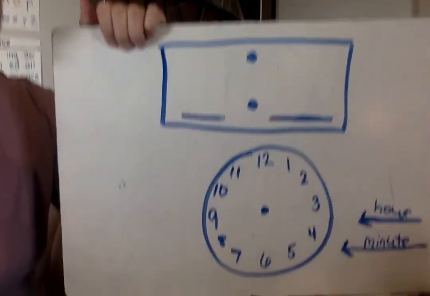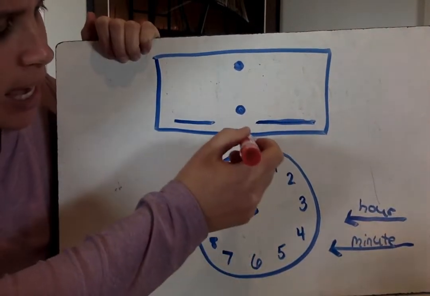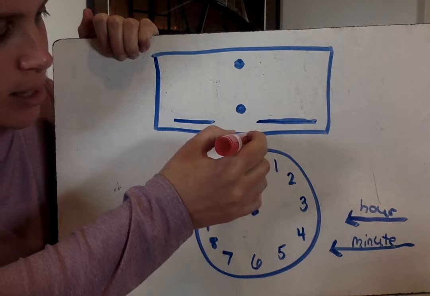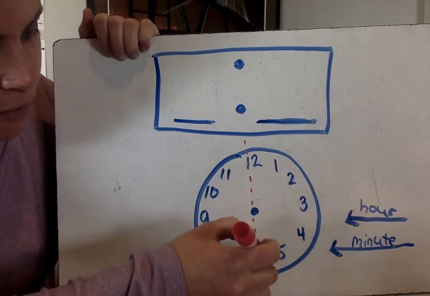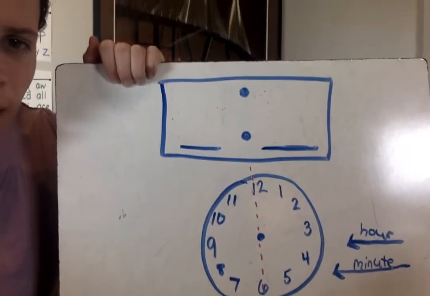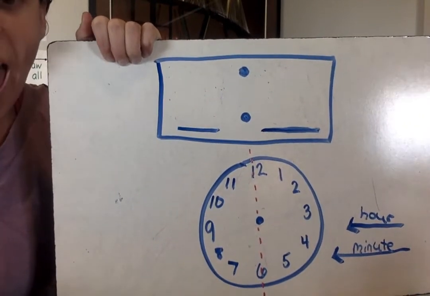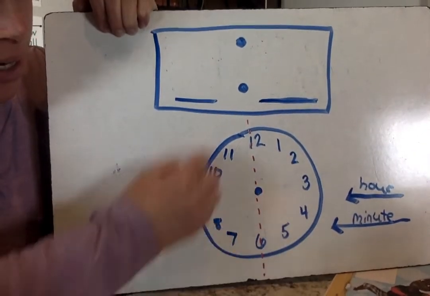Think of the clock face of an analog clock like a pizza pie. And if you were to split it in half, straight down the middle, that is your half of the amount of time to get around the clock.